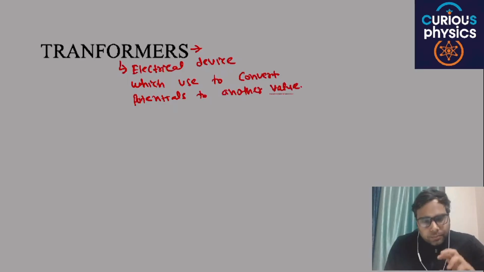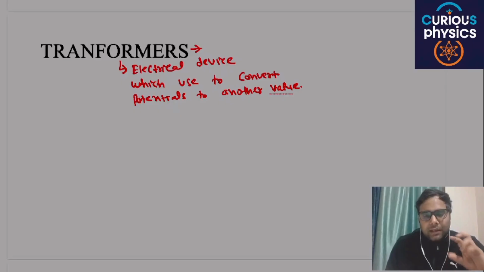If alternating current or alternating potential is passing through a transformer, it can transform its value. It can change its value.